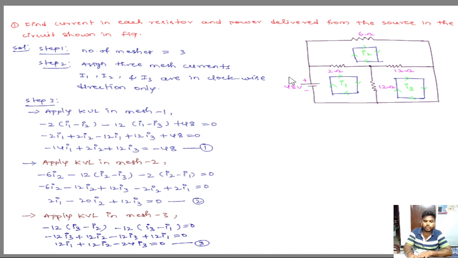Next, step 4. What is step 4? Solve these three mesh equations for the mesh currents.